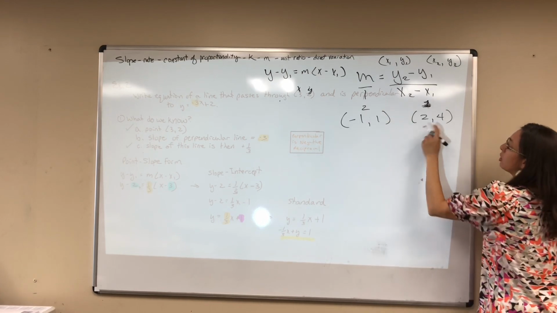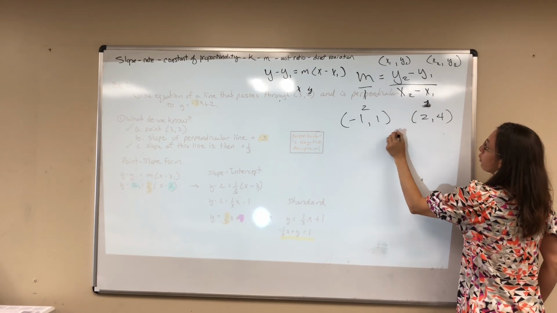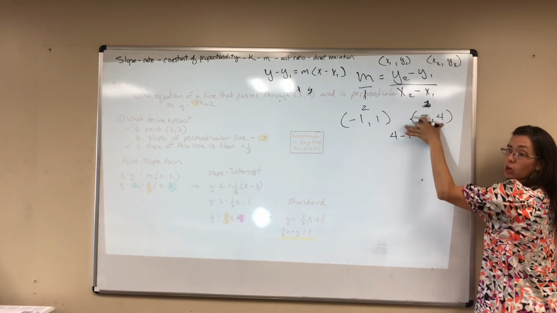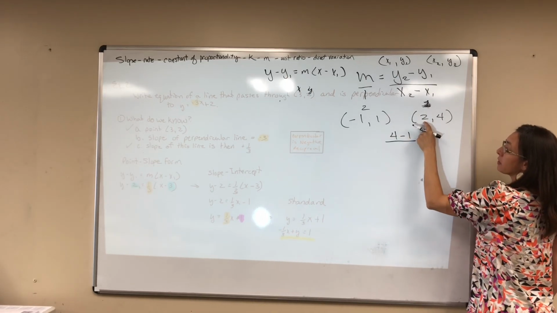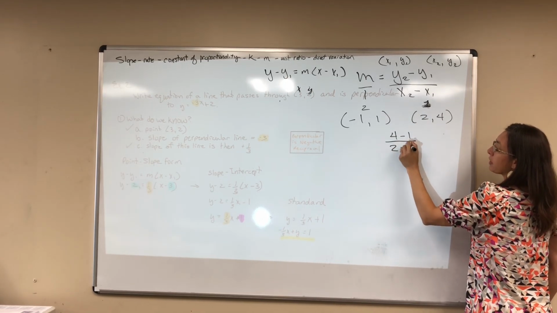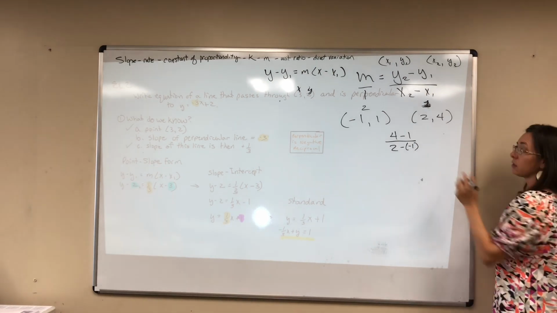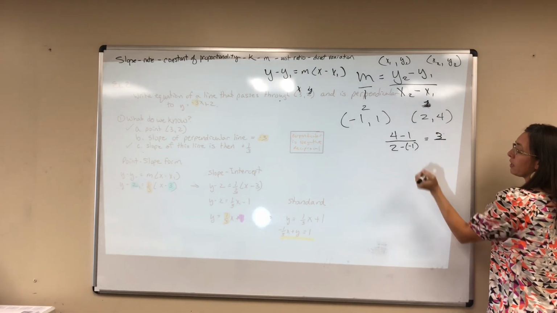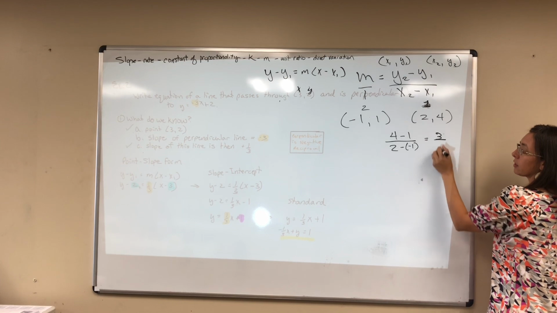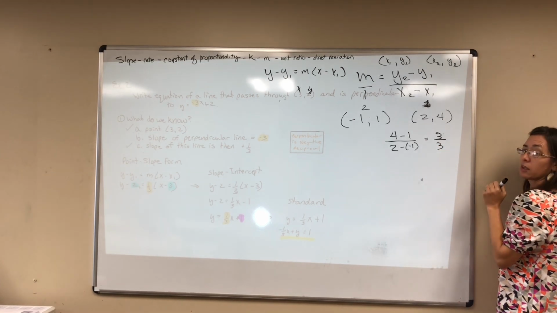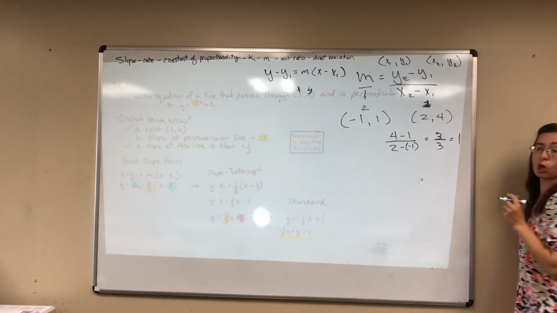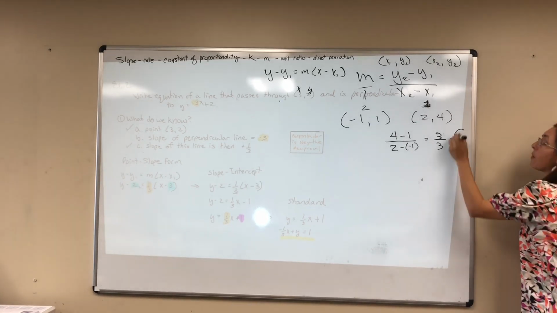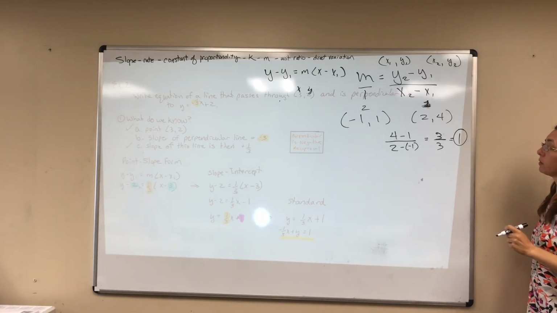To find slope, we'd have 4 minus 1, our change in y, divided by 2 minus negative 1. So I have 3 over 3. Slope of 1. Okay. So now I have my slope.